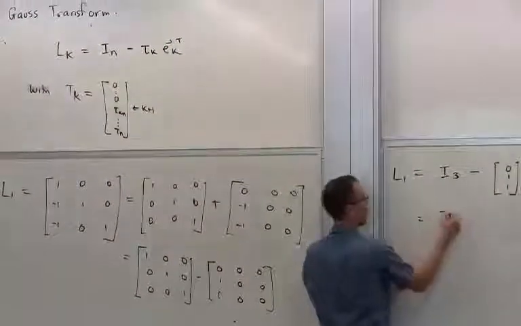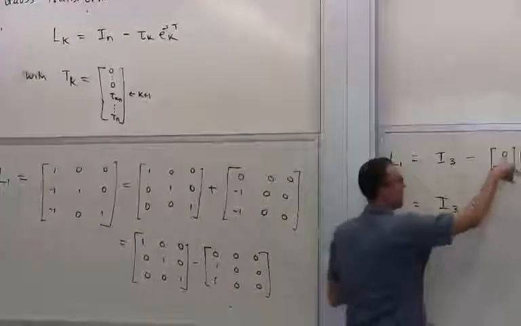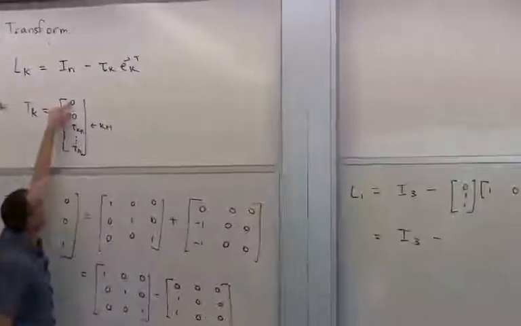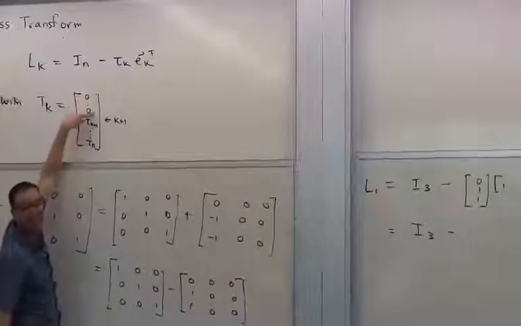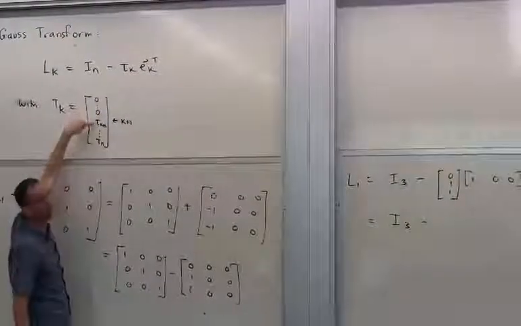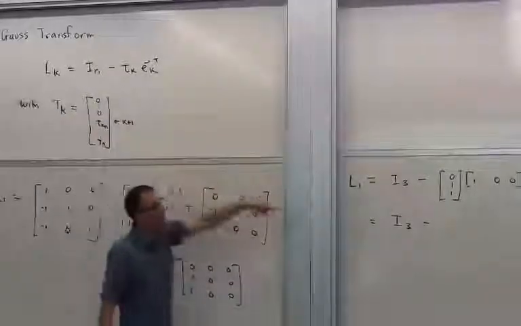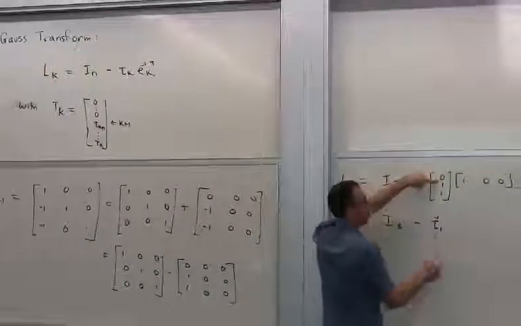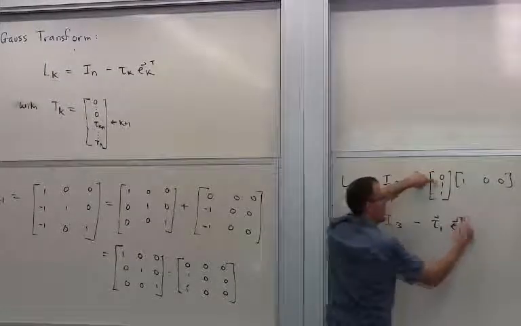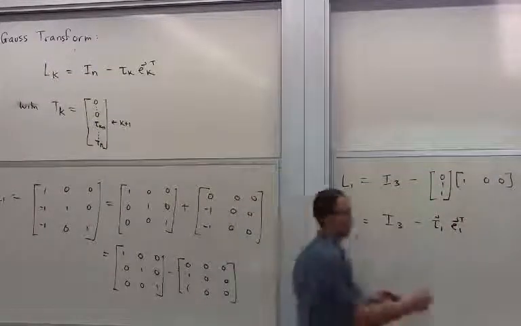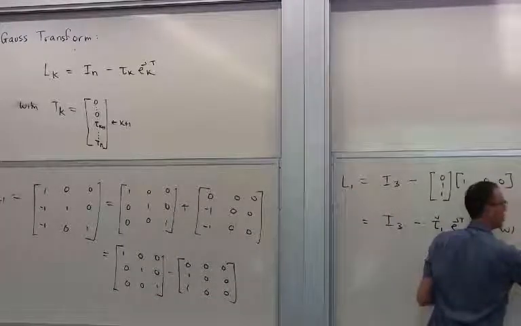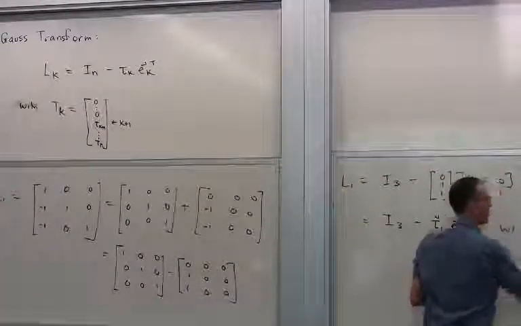Okay, so let's go ahead and do that. I_3 minus. Remember, tau_k has all the first k elements 0, and then the k plus first element is non-zero. So what tau would this be? Tau_1 e_1 transpose, right? With tau_1 equal to 0, 1, 1, something like this, right?